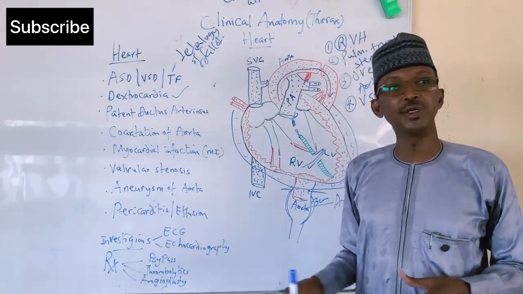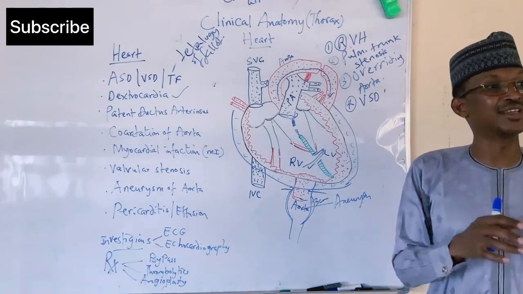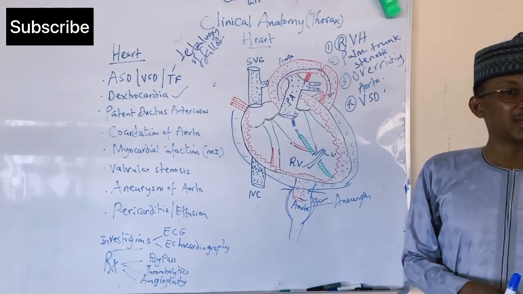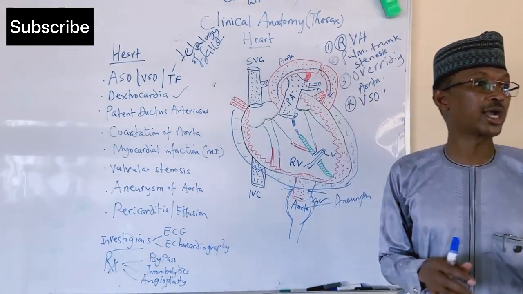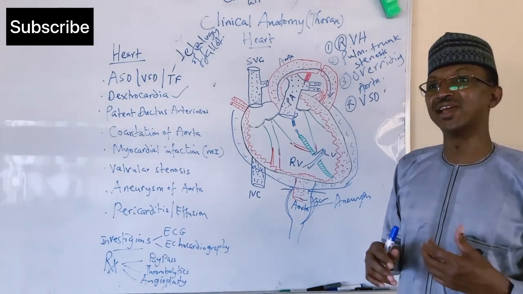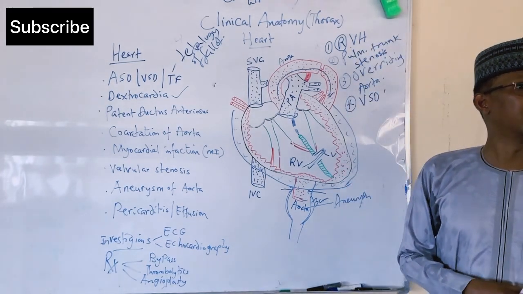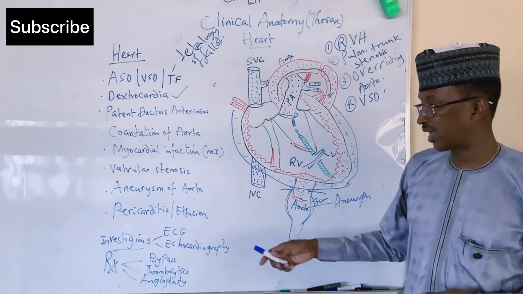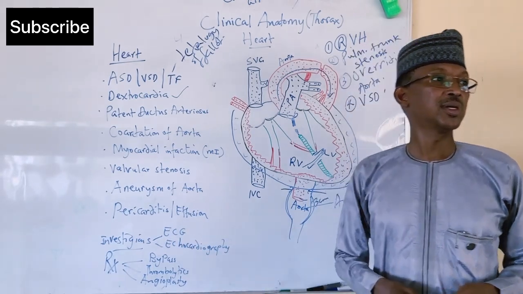And so if the heart has these problems, for you to be able to investigate the heart problems, there are important investigations that one can do to delineate the kind of disease or condition that the heart has. Something like electrocardiography.